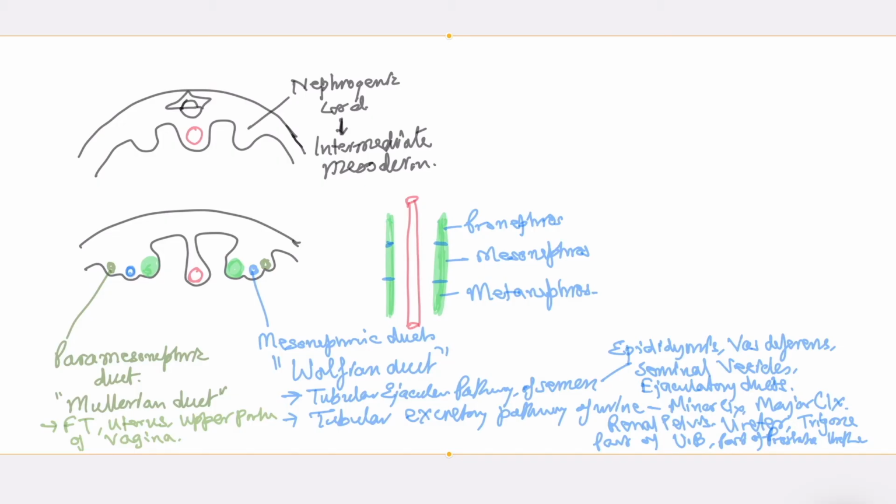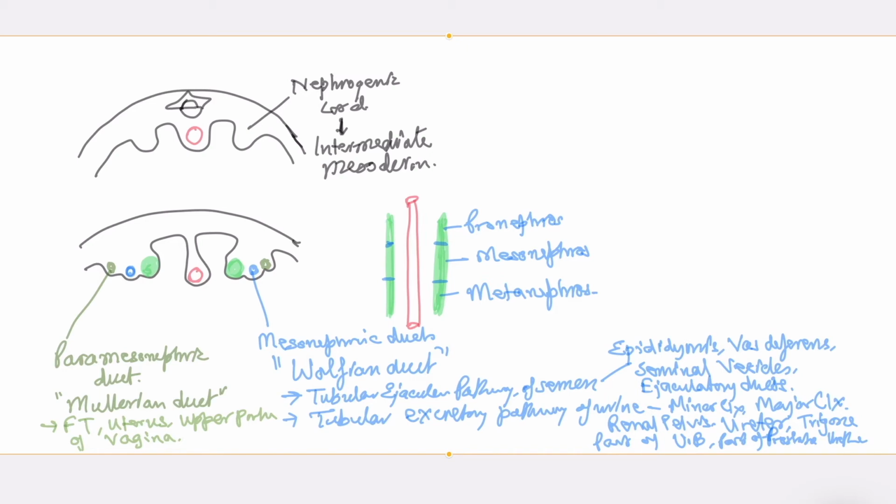In males, of course, the upper end of the paramesonephric duct will persist as the appendix of testis, called the hydatid of Morgagni, and the lower end persists as the prostatic utricle, which is supposed to be the homology of the uterus or vagina in males, the lower end remnant of the paramesonephric duct in males. So now we'll be talking about the nephrogenic cord.